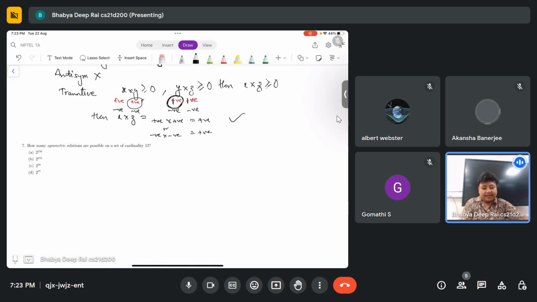So the question says the following. How many symmetric relations are possible on a set of cardinality 12? You can either arrive at this logically, but if you see the lectures, there is a formula to do so.